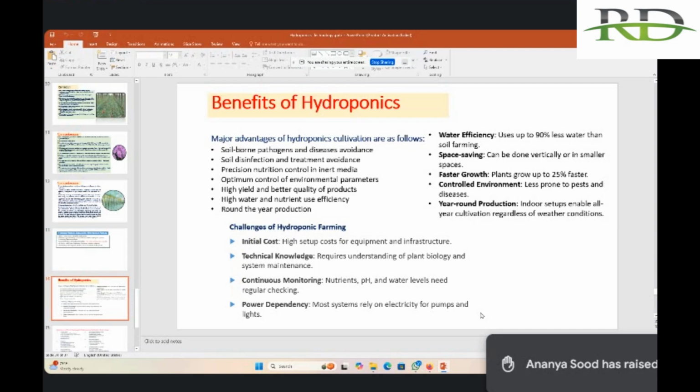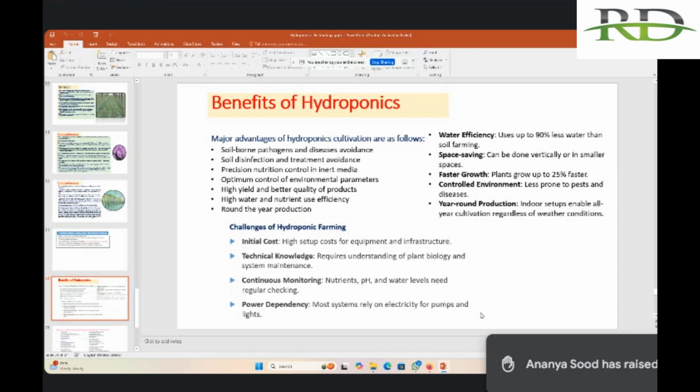But the benefits come with certain disadvantages. The disadvantage is the high cost of the infrastructure. First we need galvanized iron and poly sheets, which cost a lot, and if you are choosing a bigger area, the cost will be higher.